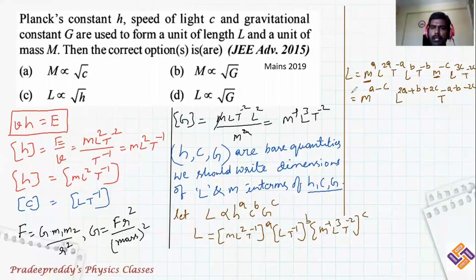That should be equal to L power 1. Left hand side you can write as M power 0, L power 1, T power 0. Right hand side you have mass, length and time. From here you should find out the values of A, B and C and substitute in this basic equation number 1. So I'll write down here M power A minus C is equal to, left hand side you do not have any mass. L has power 3C.